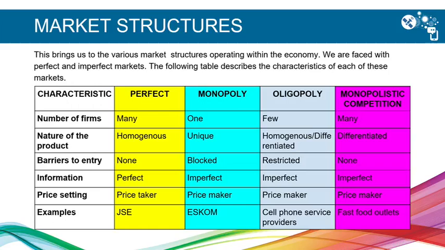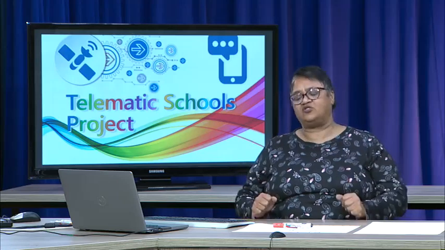The information is imperfect, meaning not everybody has knowledge about the market. And this is one of the things how people can remain a monopoly, because they will keep some information to themselves and not let that out to others. And then because, remember, they're the only business in the market, they are a price maker. They can decide what they want to charge.